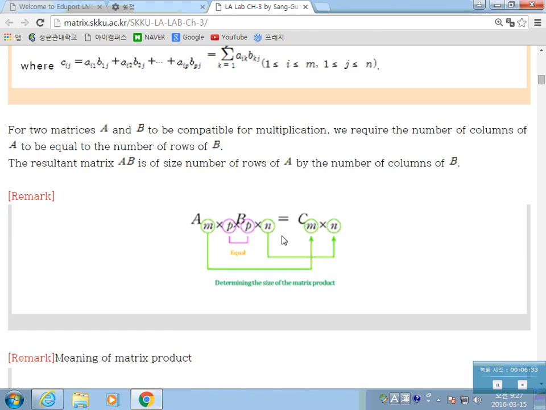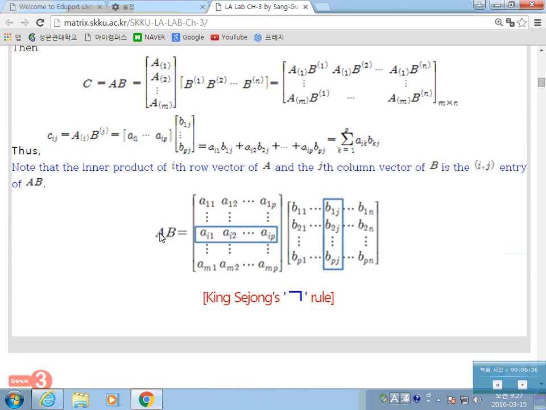What this means is actually this. When we have these two matrices, the product is defined in this way.